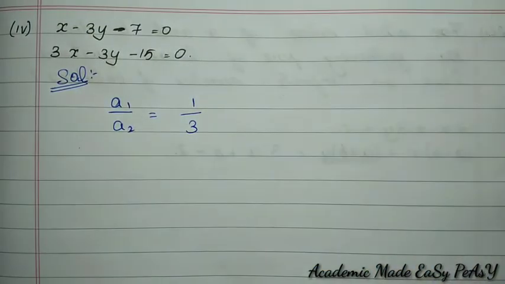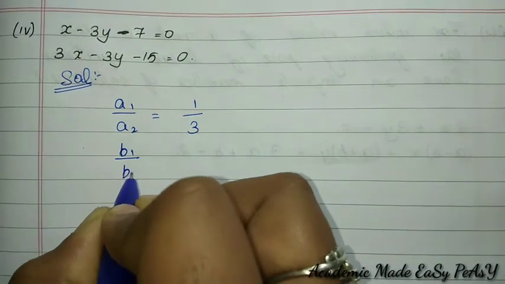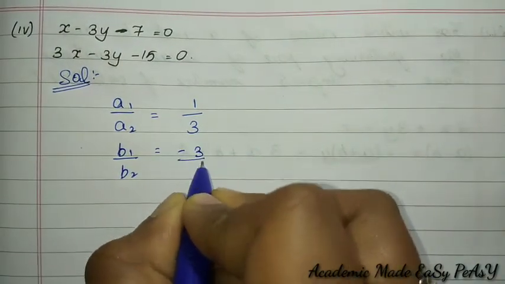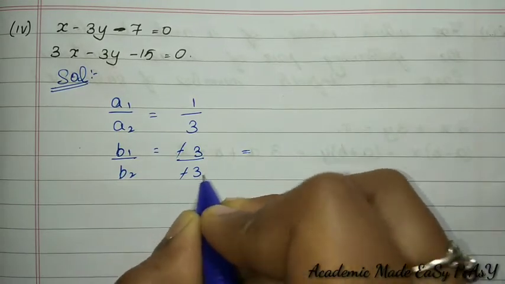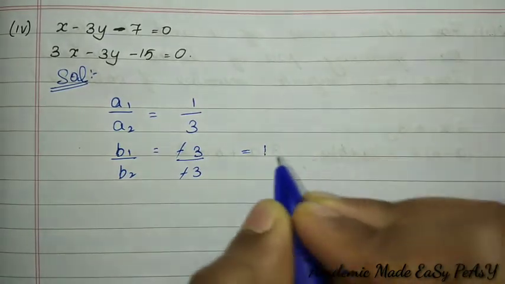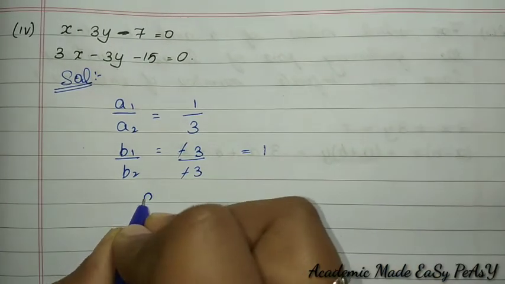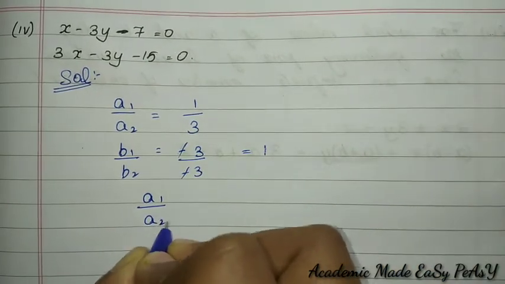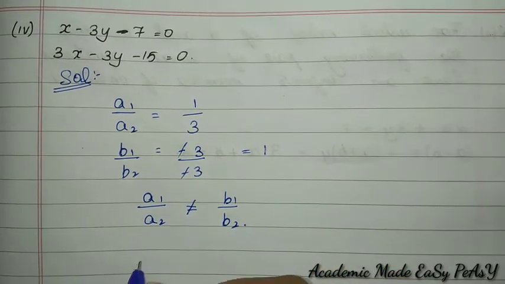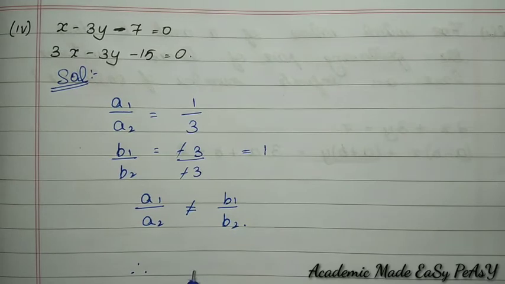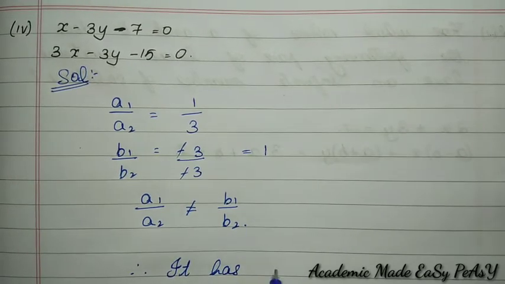Next, B1 by B2 is equal to minus 3 by minus 3. Minus and minus will get cancelled and 3 by 3 is 1. Is 1 by 3 equal to 1? No. So A1 by A2 is not equal to B1 by B2. Therefore the given pair of linear equations has a unique solution.